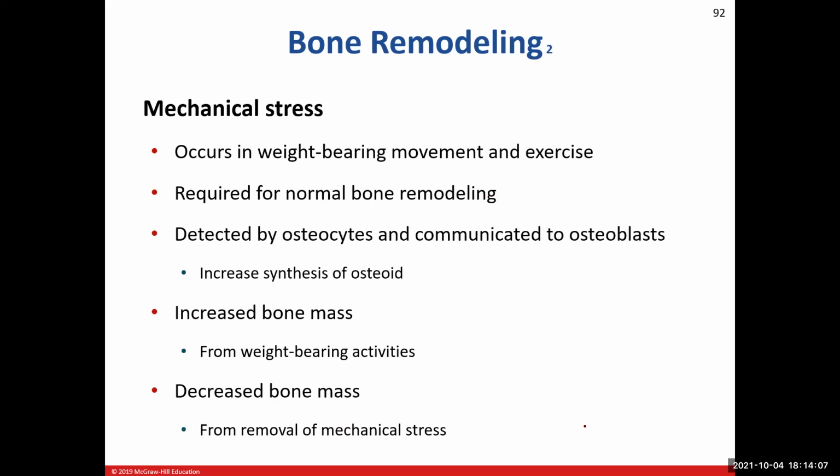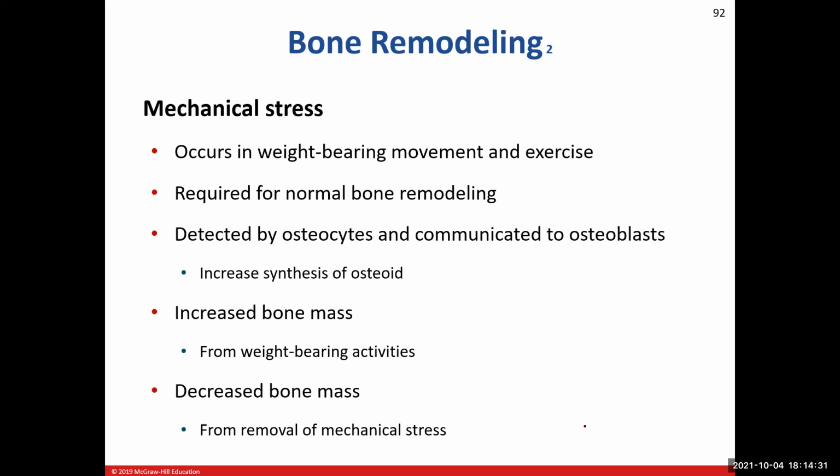When we're talking about mechanical stress, we're talking about weight-bearing movements, and exercise is, in most cases, some sort of weight-bearing movement or activity. When our bones are remodeling, we need to have mechanical stress. Ask any person who has seen their doctor for osteoporosis.